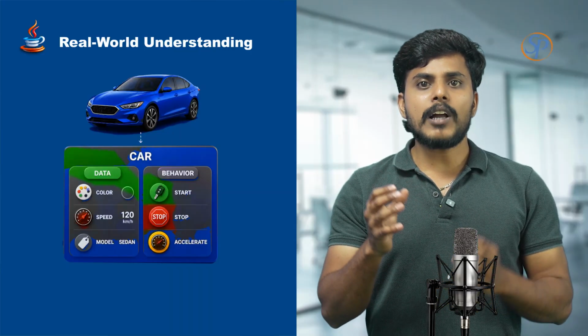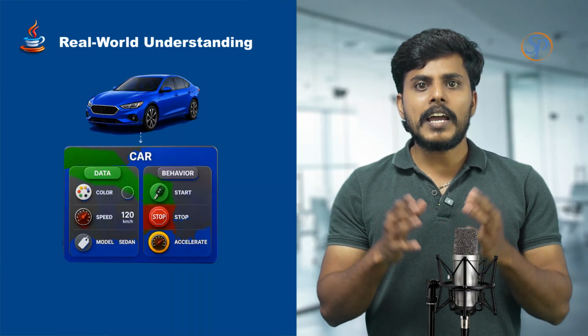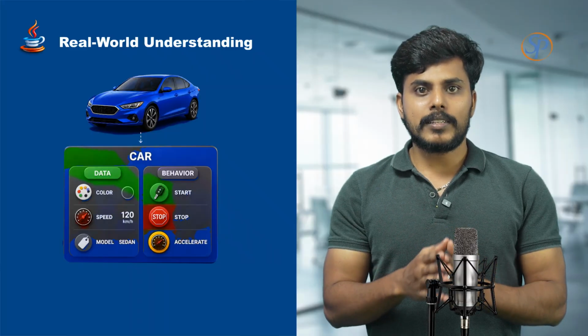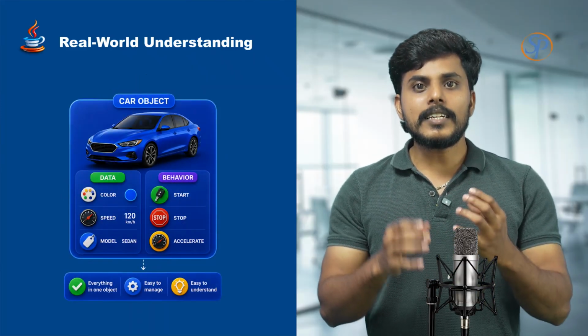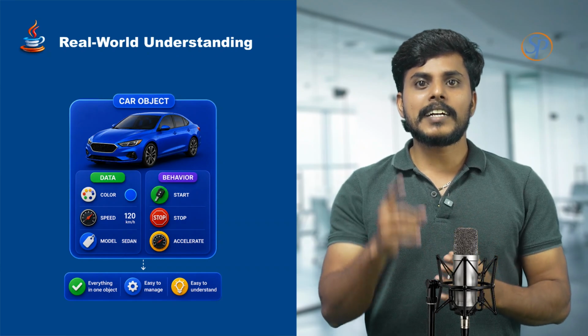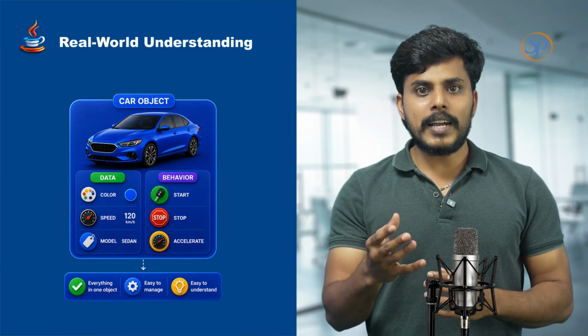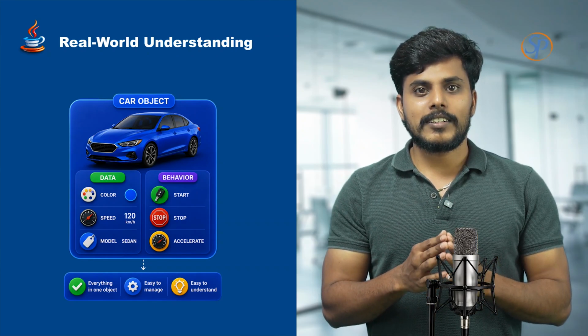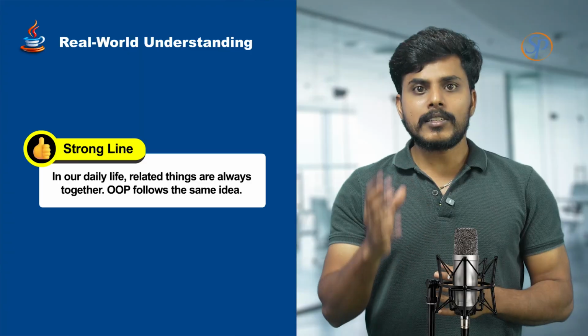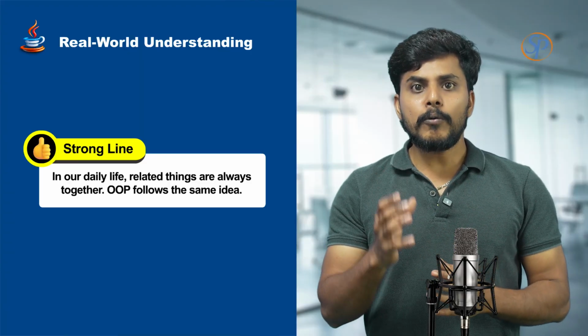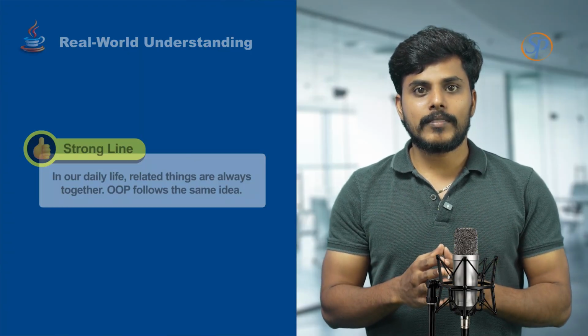Instead of keeping all this separately, we put everything together in one place, all the data and all the actions. So anything related to the car is inside one object. Easy to manage, easy to understand. And that is exactly how OOP works. In our daily life, related things are always together. OOP follows the same idea.